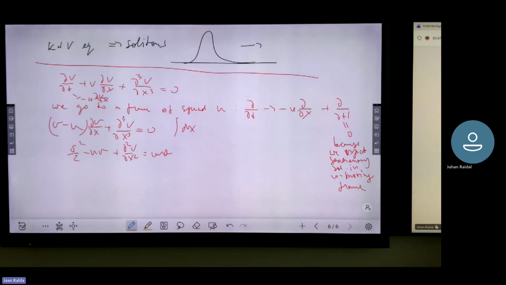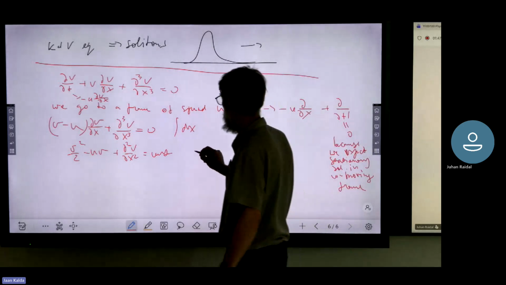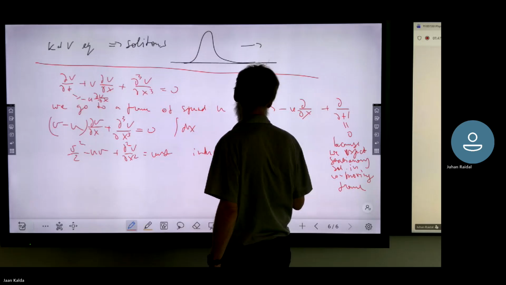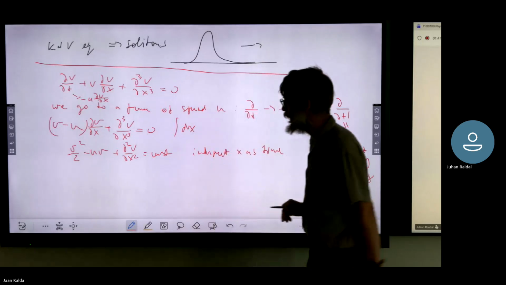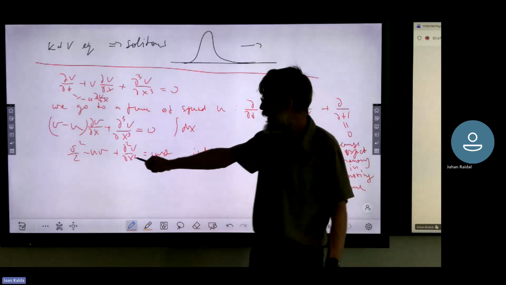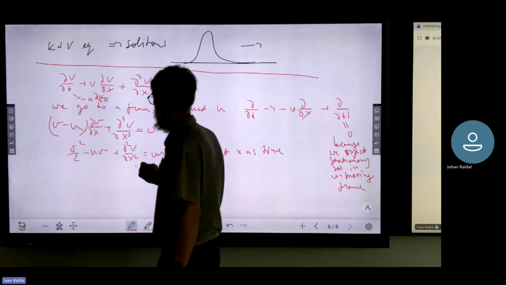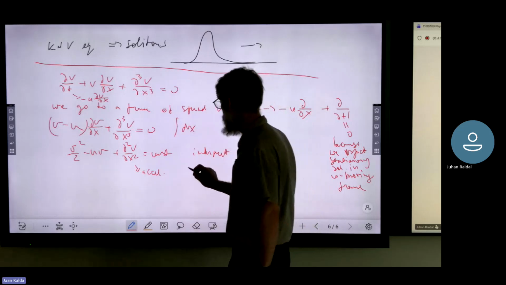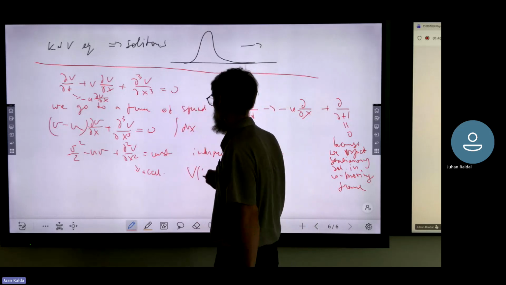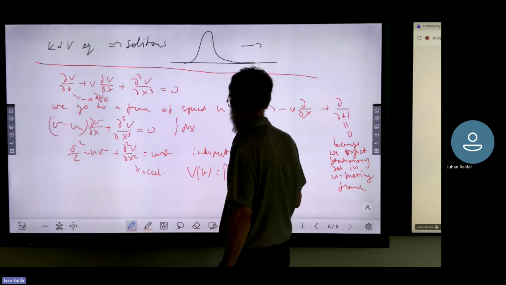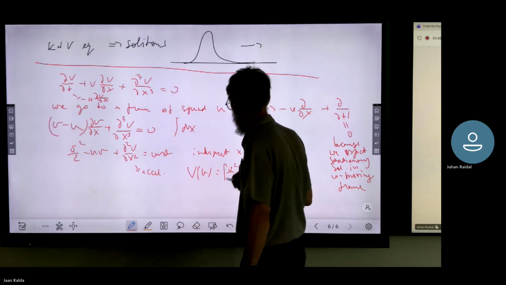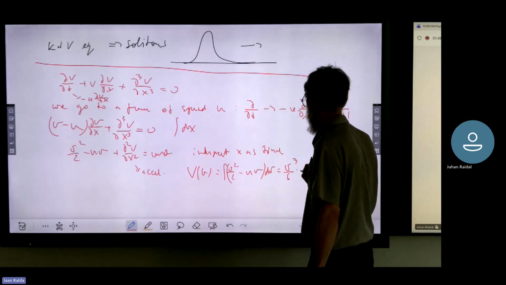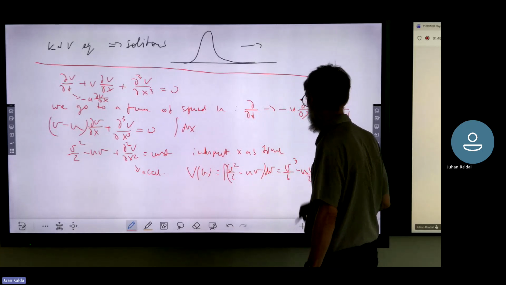And now what we do next is interpret x as time. In that case, this becomes acceleration. Then we can introduce a potential V(v) as an integral of that: the integral of v squared divided by 2 minus uv dv equals v cubed over 6 minus u v squared divided by 2.